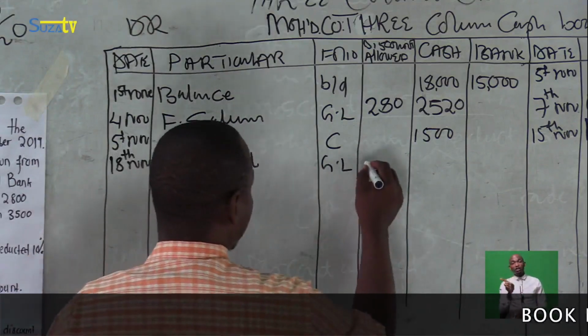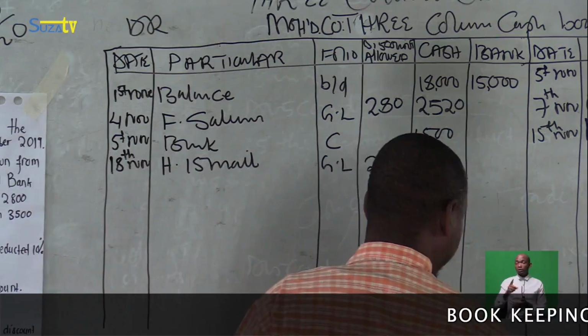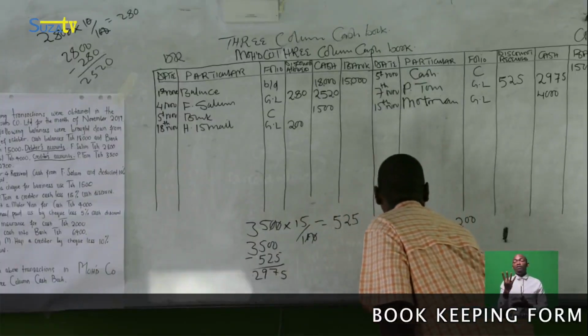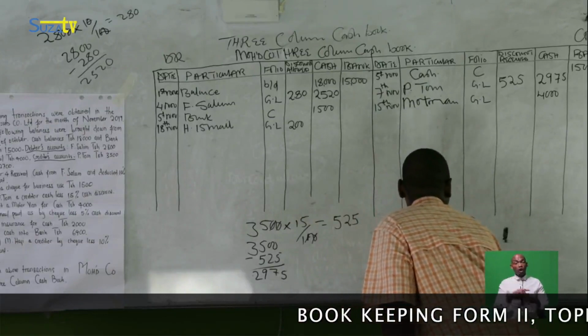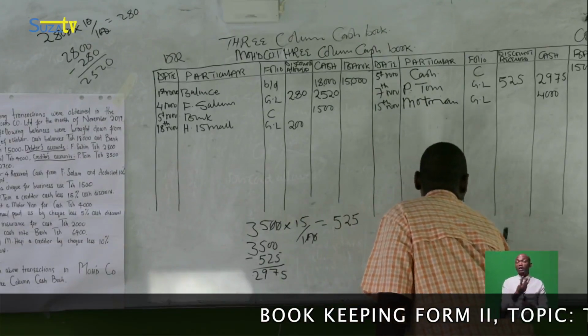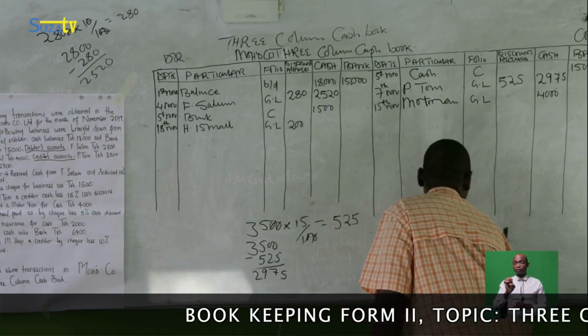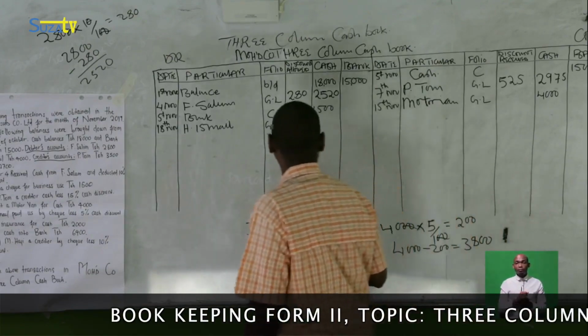How much discount? 200. How much will he pay? Take 4,000, deduct 200. You got 3,800. Okay.